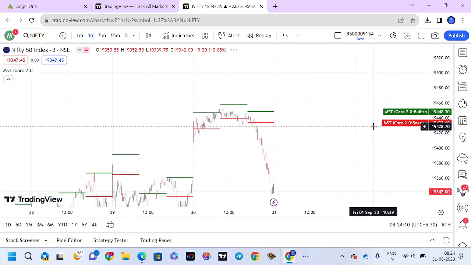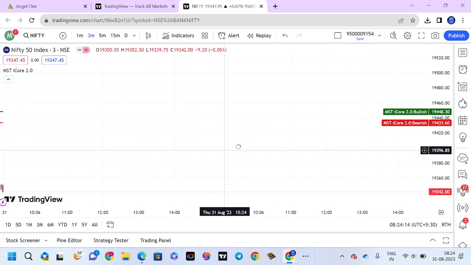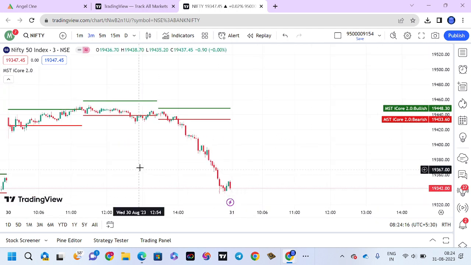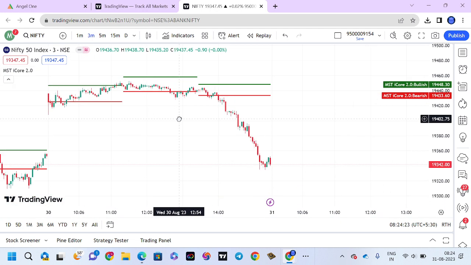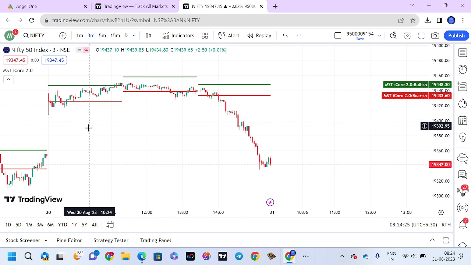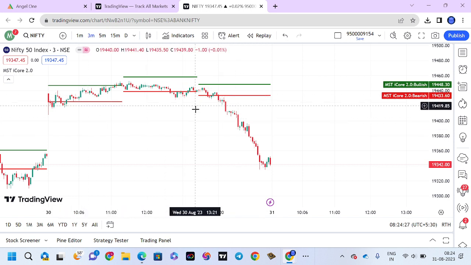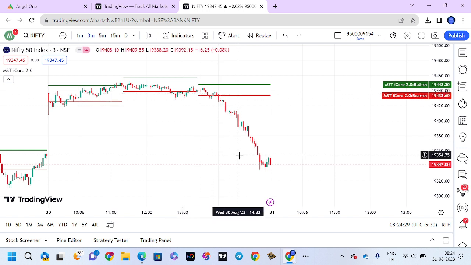Yesterday, did any candle close above this zone? No. None of the candles could sustain. Even if it is closed, the low is not broken. So it is always preferable to trade at the second or third as per this 125.